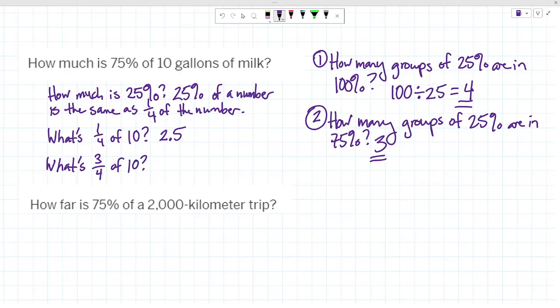Well, that's like 1/4 times 3. So 2.5 times 3. Well, 2.5 times 2 is 5, plus another 2.5 gives us 7.5. So to get 75% of 10 gallons of milk, we could take 7.5 gallons.